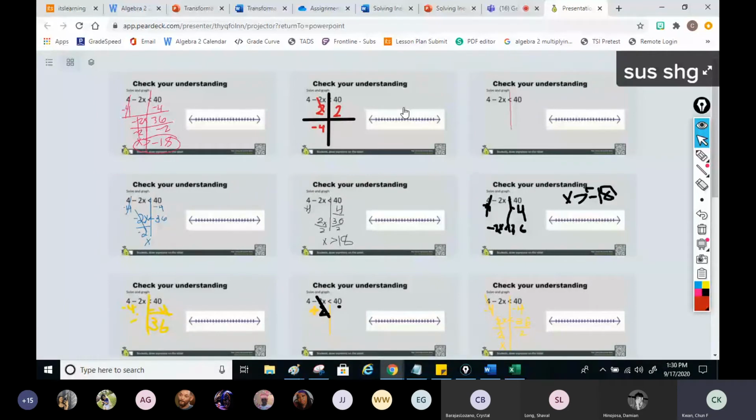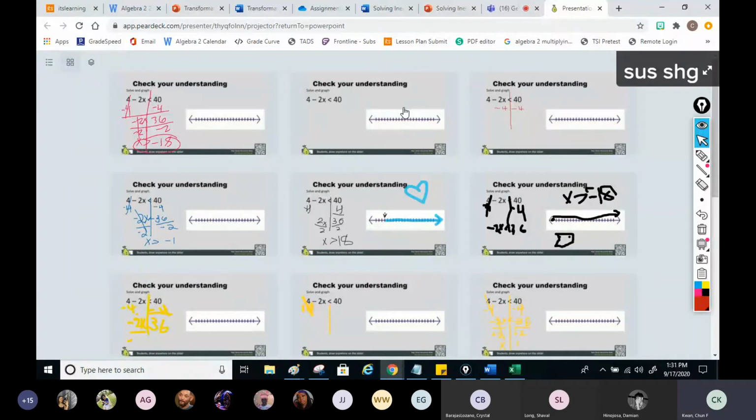No. You don't want to mess with the 2 because negative 2x is one term. You can't touch the 2 yet. Negative 2x, the whole thing is one term. You have to get rid of the other term, which is positive 4.